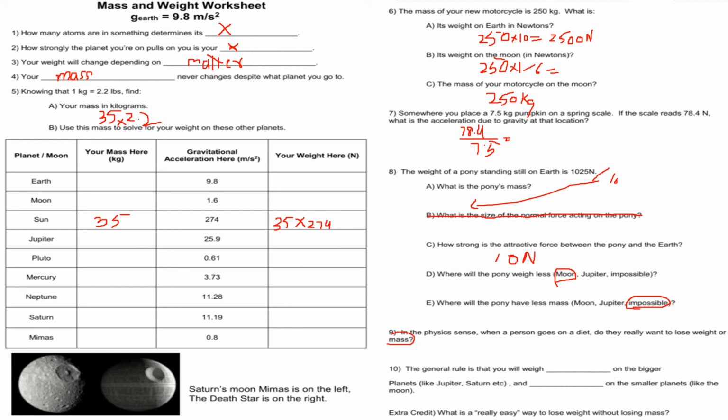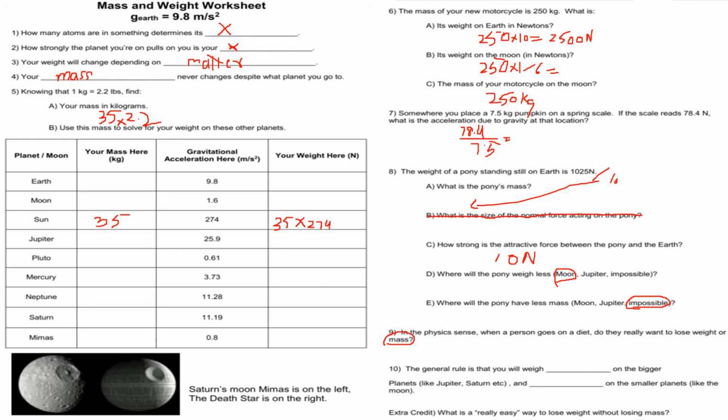The general rule is that you will weigh more on the bigger planets, Jupiter and Saturn, and less on the smaller planets. Which one has more weight?